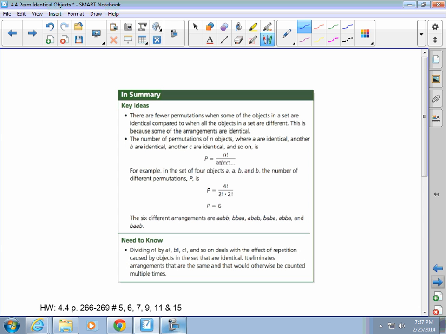And something that you need to know: dividing n factorial by a, b, and c factorial, and so on, deals with the effect of repetition caused by objects in the sets that are identical. It eliminates arrangements that are the same and that would otherwise be counted twice. So kind of like when we add sets together, we take away that middle part when we have sets that have something in common, otherwise we add them in there twice.